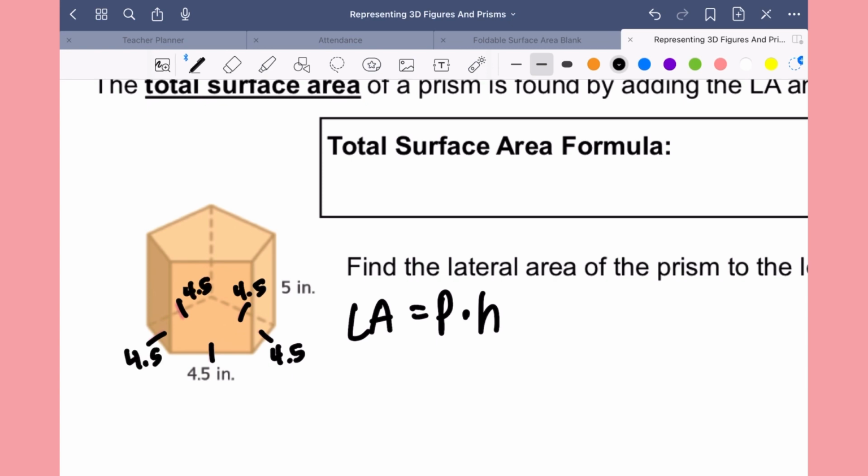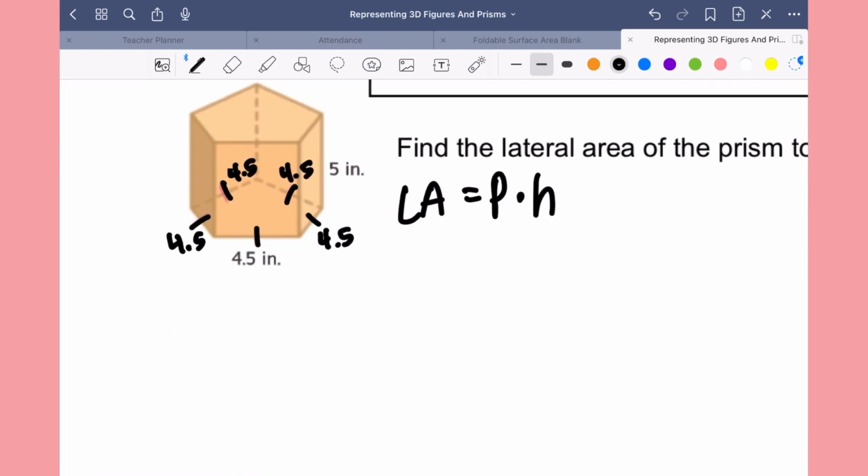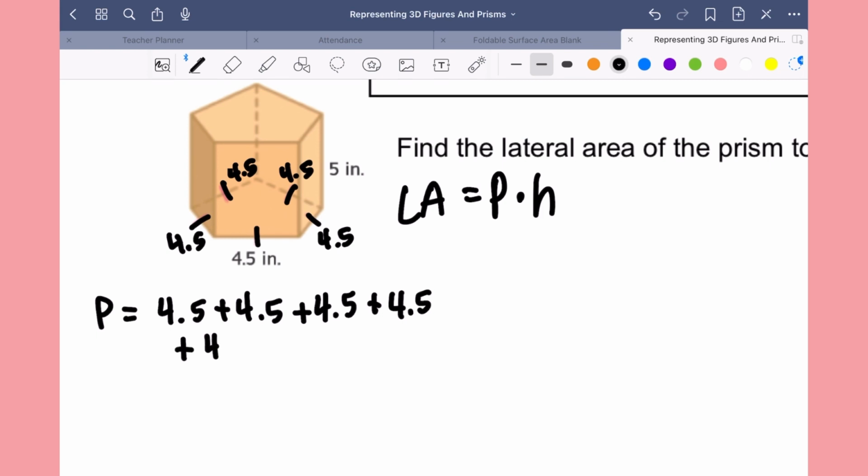So when I find my perimeter, I'm going to find that first. So my perimeter is equal to 4.5. And we're going to add that 5 times. 1, 2, 3, 4, 5.